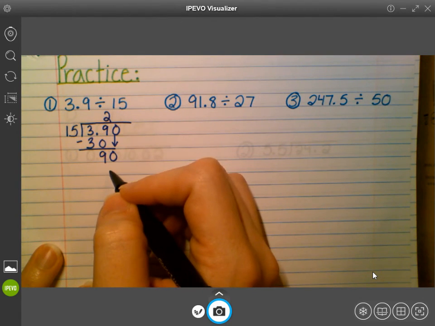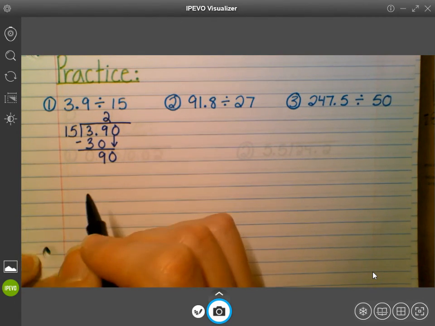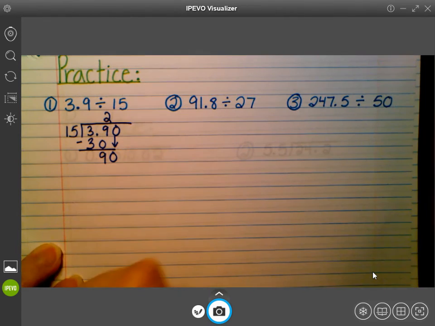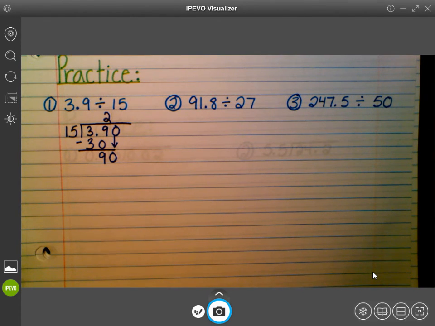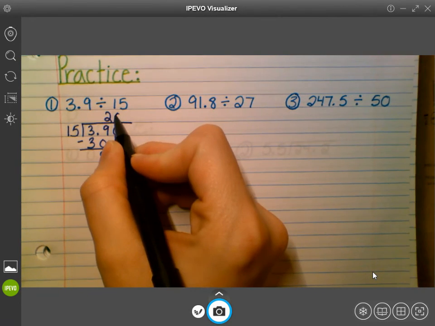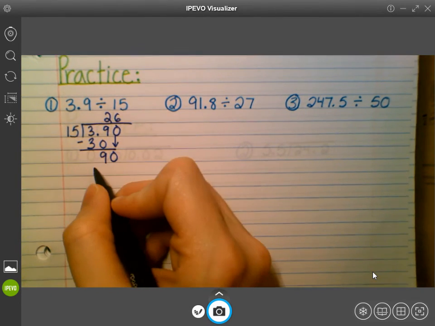15 goes into 90 how many times? Show me on your hands. How many times does 15 go into 90? It goes in 6 times, because if we count 15, 30, 45, 60, 75, 90. So 6 times. 15 times 6 is 90.